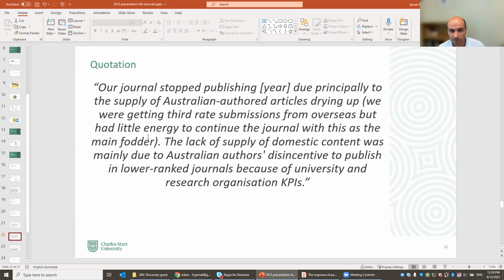The lack of supply of domestic content was mainly due to Australian authors' disincentive to publish in lower-ranked journals because of university and research organizations' KPIs. And we see that in our RPI as well, that you need to publish in Q1 and Q2 to get more points. For editorial work you get some points, but if you're the editor of a lowly ranked local journal in humanities, you're not going to get much credit, and you have to do a lot of work for it.